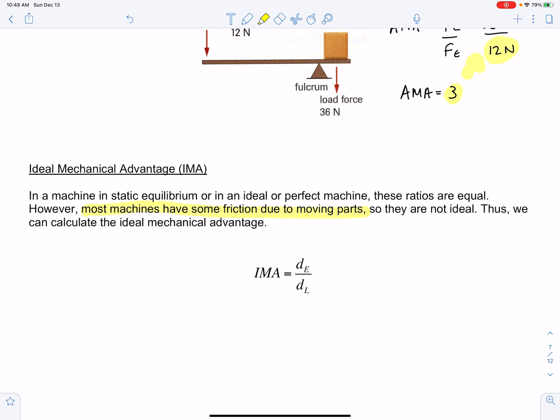They do not transfer energy efficiently. Thus, we can calculate the ideal mechanical advantage using this new equation, which states that the ideal mechanical advantage is equal to the effort arm over the load arm.